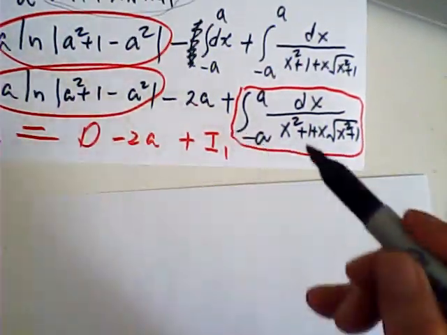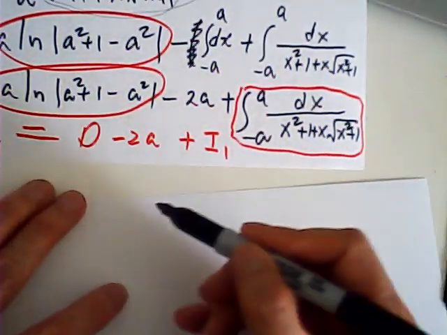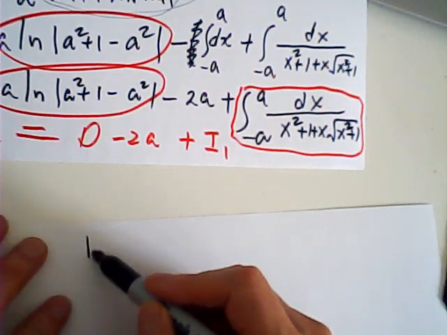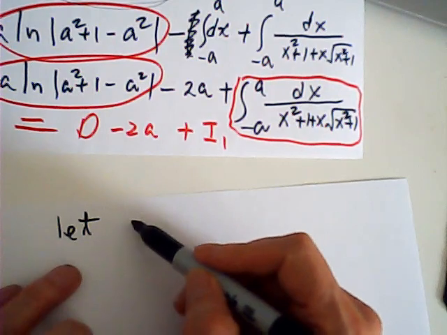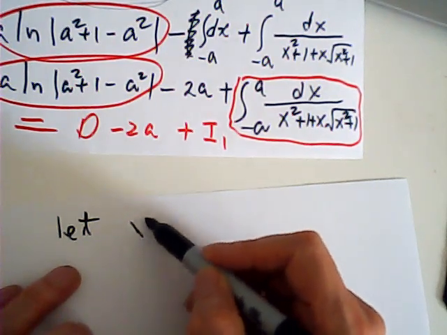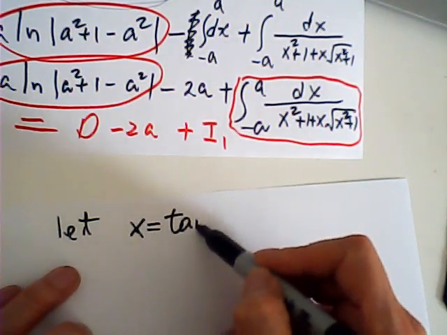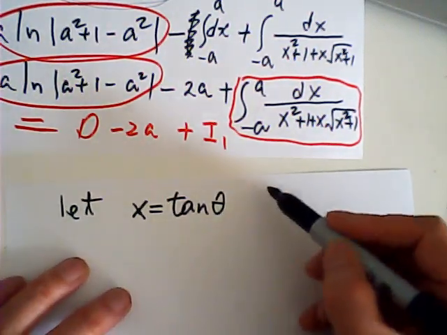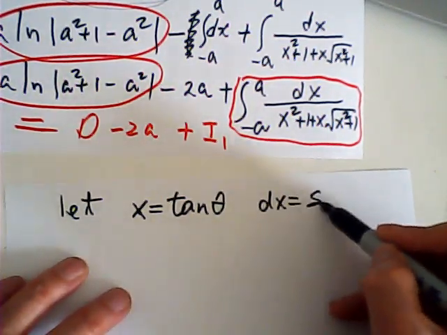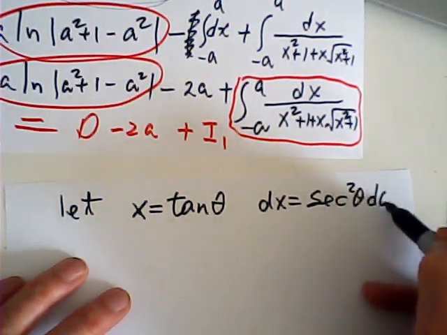For I1, let x be tangent theta, right? So dx is equal to secant squared theta d theta.